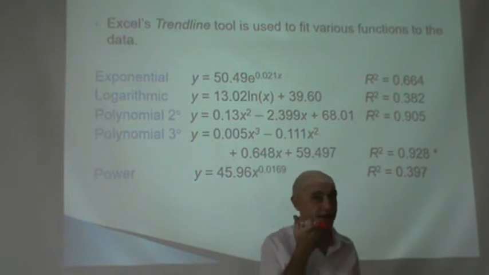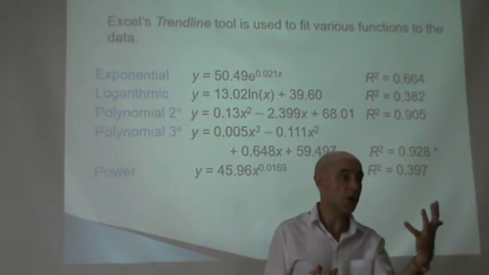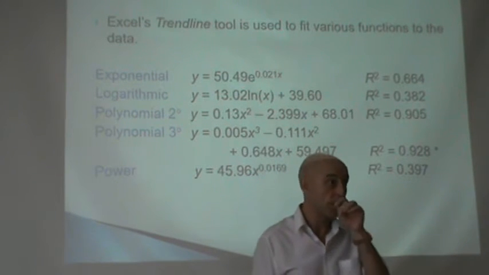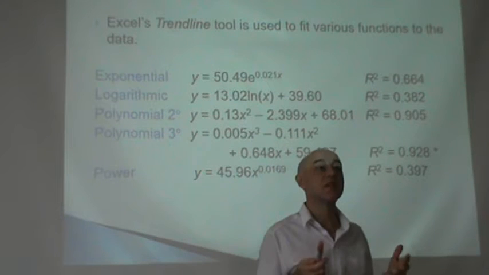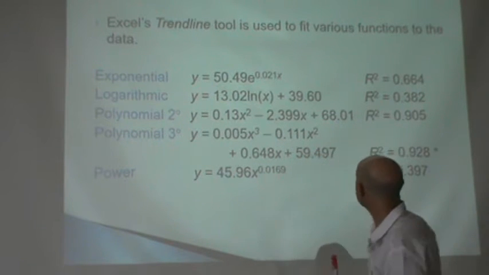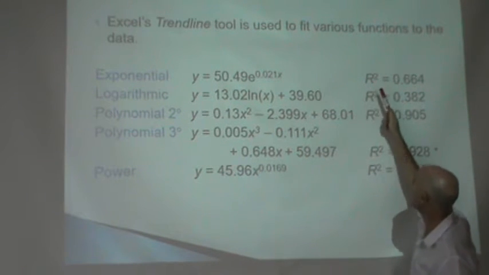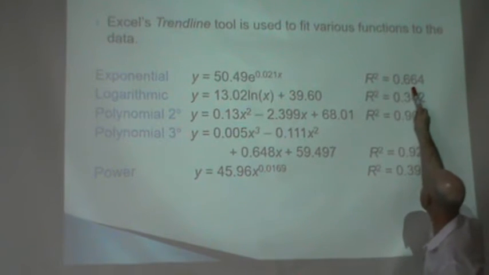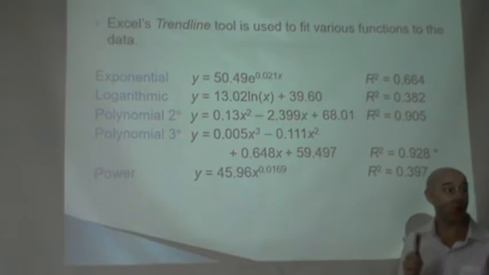You may try some of these, but it's better if you just look with your eyes and see, oh, this function seems to be better. Now, when you do the regression, or when you do the fits, you will actually look at the R squares. And you see, oh, this R square is only 66%.